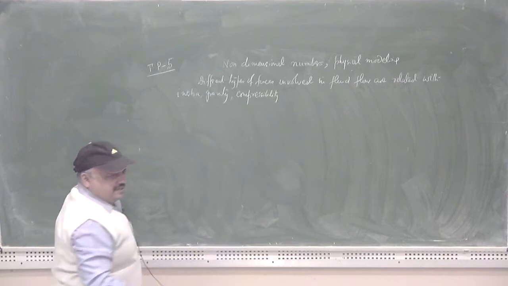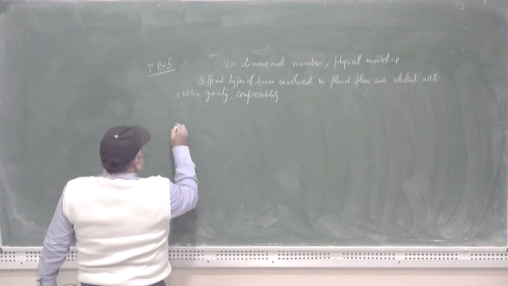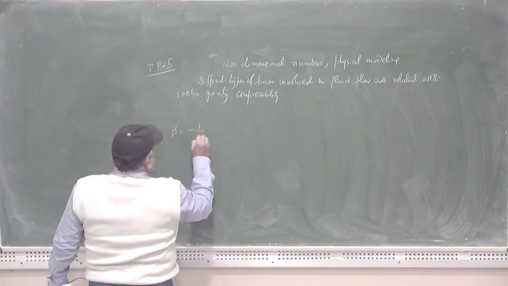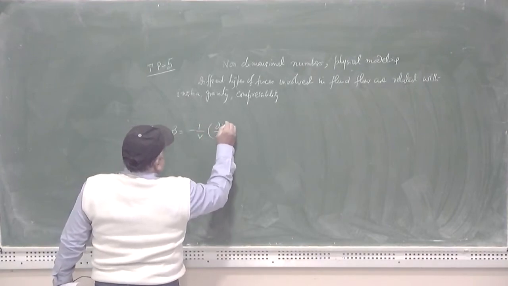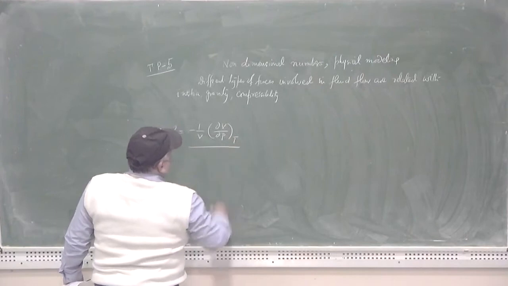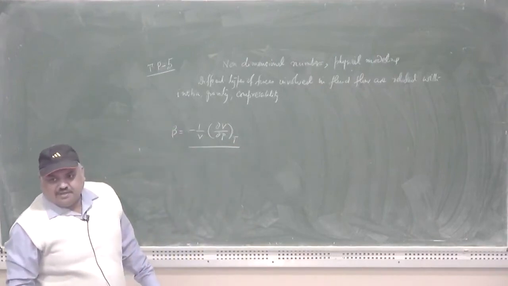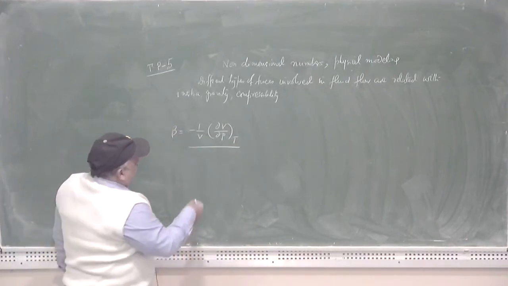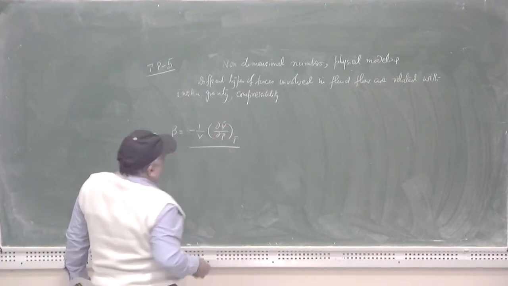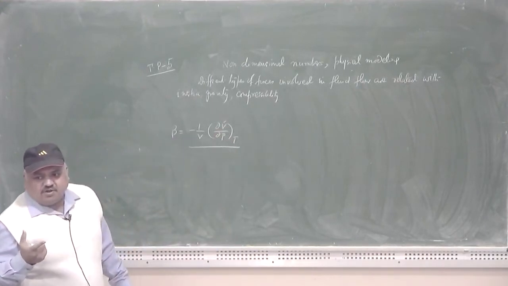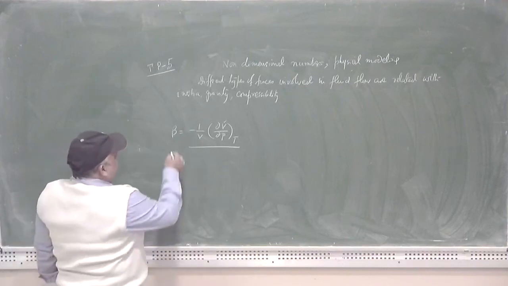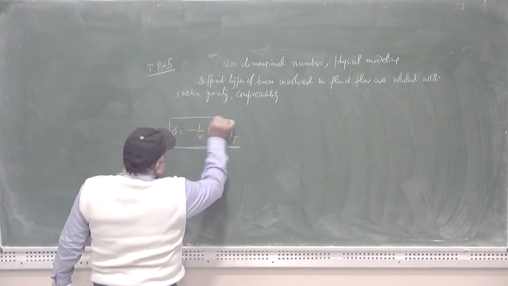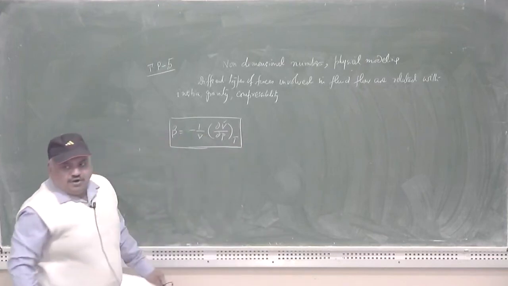Compressibility is a thermodynamic term which is defined as beta is equal to minus 1 by V, delta V by delta P at constant temperature. That means the variation in the volume of the fluid with respect to pressure at a constant temperature, divided by the original volume, is what is known as the isothermal compressibility of a fluid.